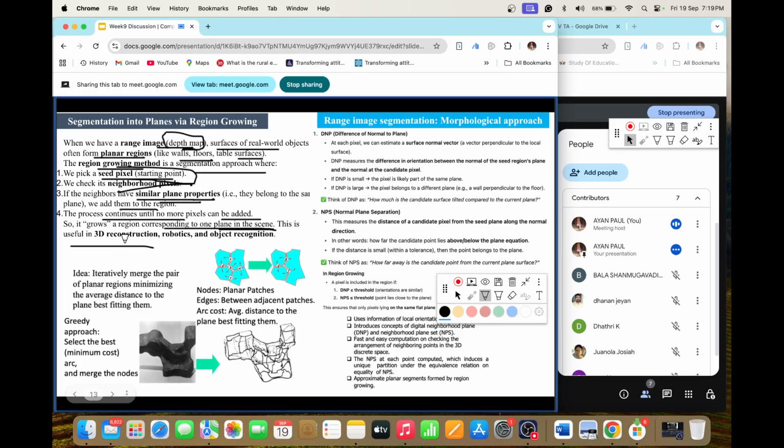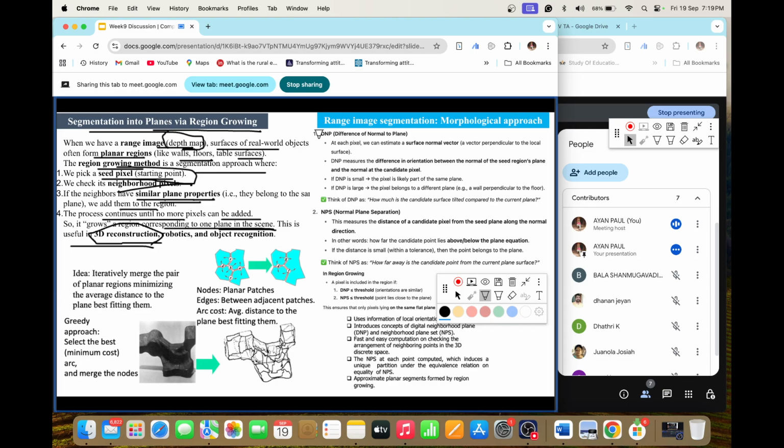This is useful in 3D reconstruction, object recognition, robotics, etc. This is known as segmentation into planes via region growing. First we take a seed pixel and check the neighborhood pixels. If they have the same planar property, we keep adding them, and by that we grow from one pixel a whole planar region. So this is segmentation into a plane via region growing.